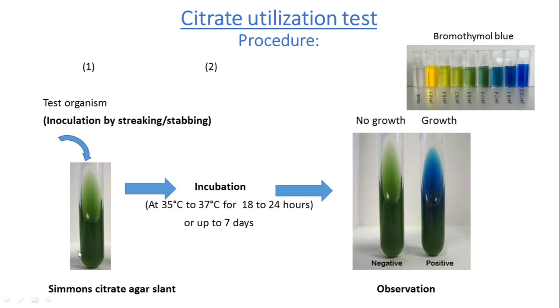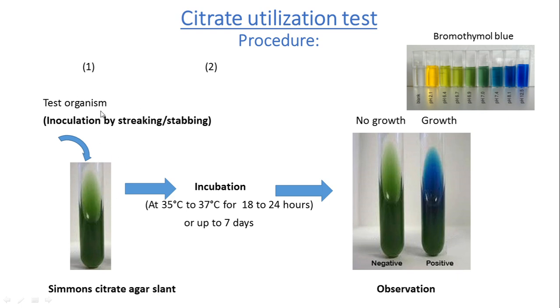This test requires the culture medium in the form of a slant. That can be prepared by pouring the melted liquid Simmons citrate agar medium into a test tube, and then allowing solidification by keeping the test tube in a slanting position, and that forms the slant. Here you can see the surface of the slant.